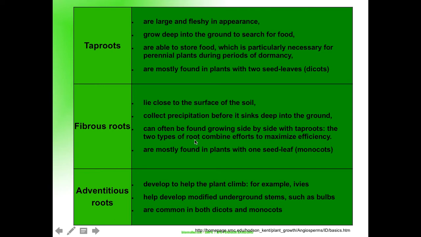The two types of root combine efforts to maximize efficiency, and fibrous roots are mostly found in plants with one seed leaf, monocots. Next, adventitious roots develop to help the plant climb, for example, ivies. They help develop modified underground stems such as bulbs, and they are common in both dicots and monocots.